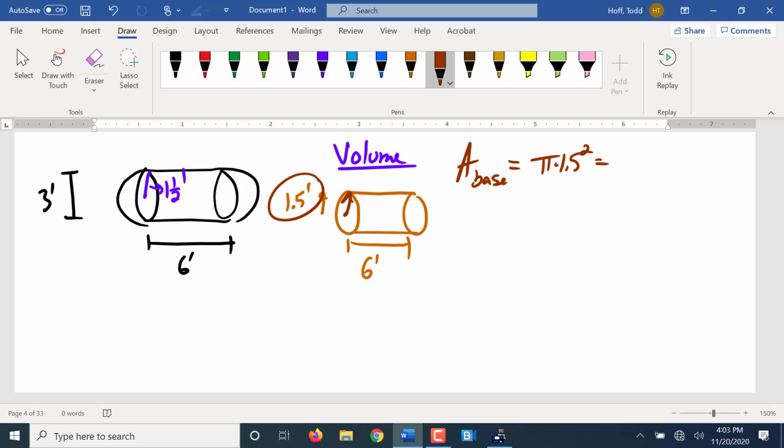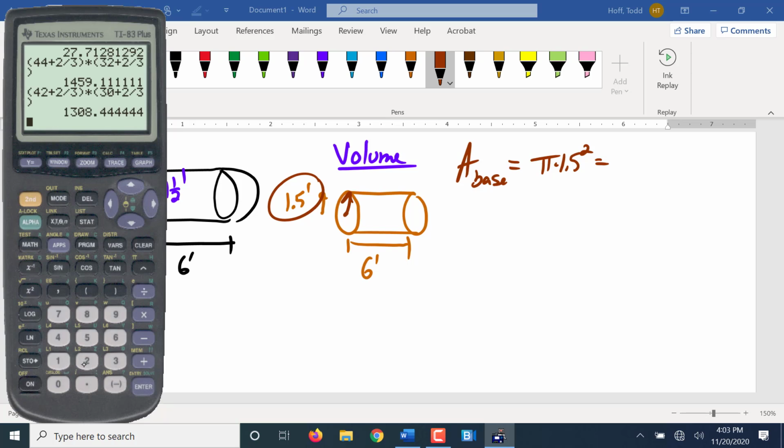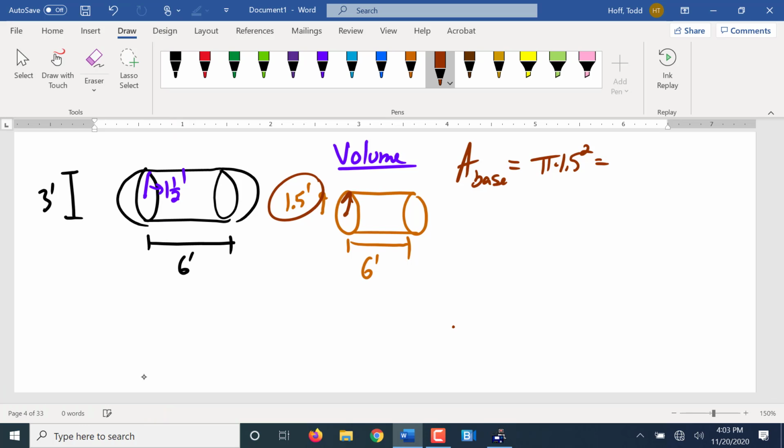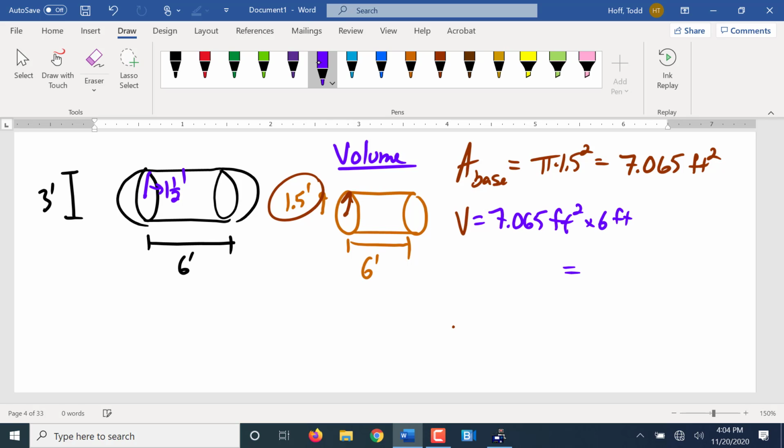Pi times 1.5 squared. 7.065 square feet. So then our volume is that times the 6 feet of height, yes. 42.39 cubic feet.